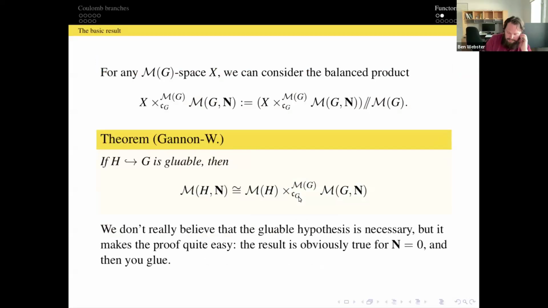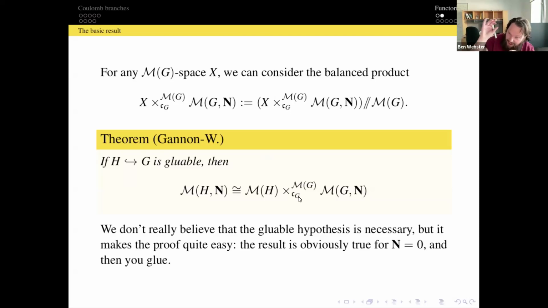All right, so if that holds, then I get a new description of MGH, which I can get by, I take the Coulomb branch, sorry, this is MHN. I take MGN, so I'm trying to describe the Coulomb branch for this subgroup by starting with the Coulomb branch for the bigger group. And the sort of idea here is, well, I have to change the group. How do I change the group? Well, I sort of know how to change the group in the pure case.